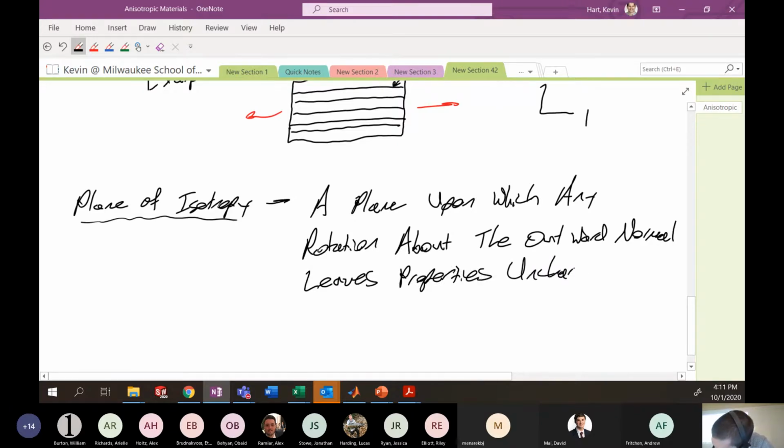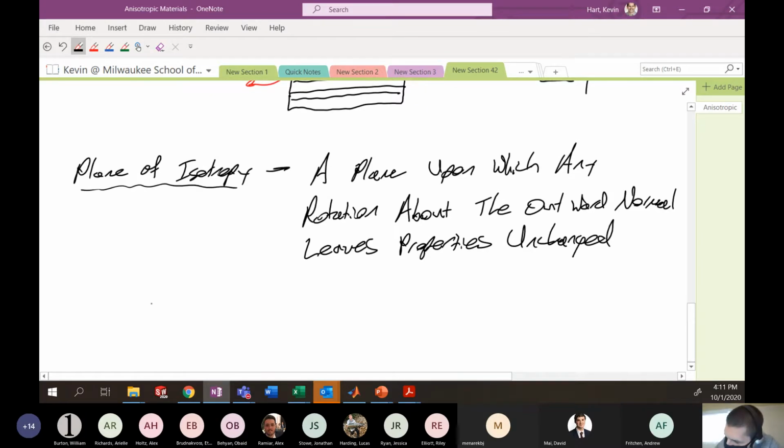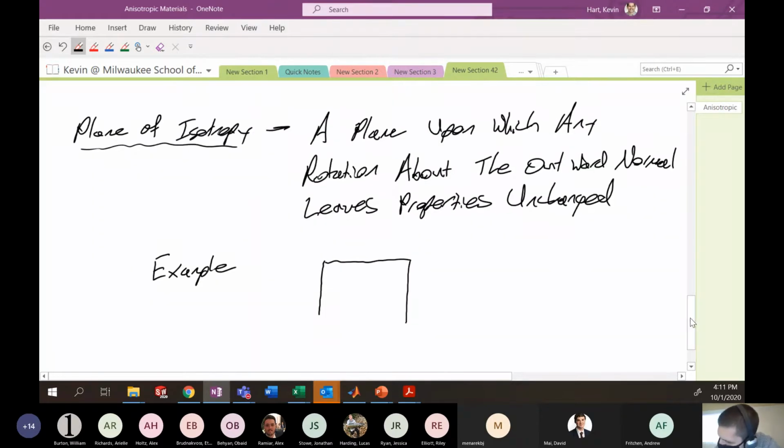An example might be if you were looking at a unidirectional composite down the one axis. So let's say this is the 2-3 axis of a unidirectional composite.